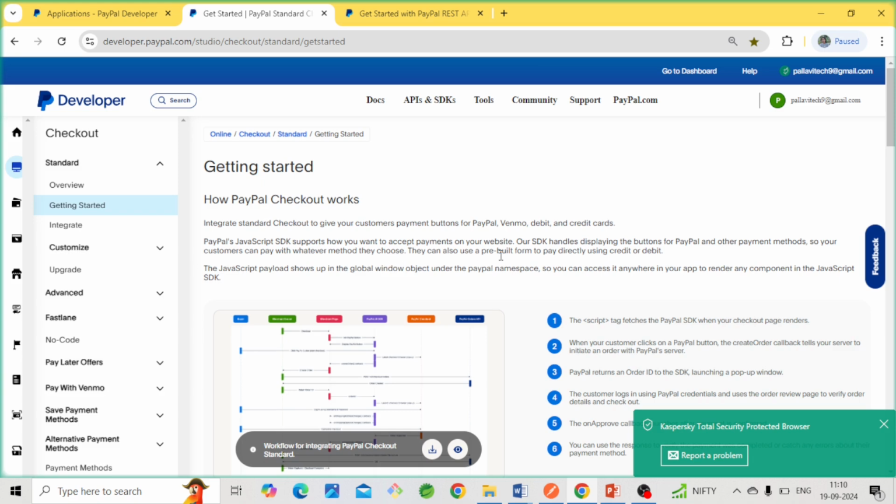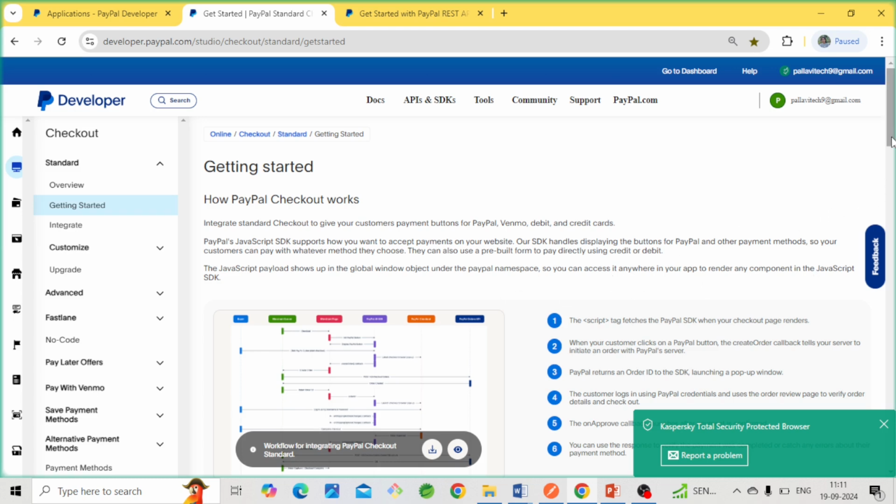They can also use a pre-built form to pay directly using a credit or debit card. This JavaScript payload shows up on the global window object under the PayPal namespace, so you can access it anywhere in your app to render any component in the JavaScript SDK.